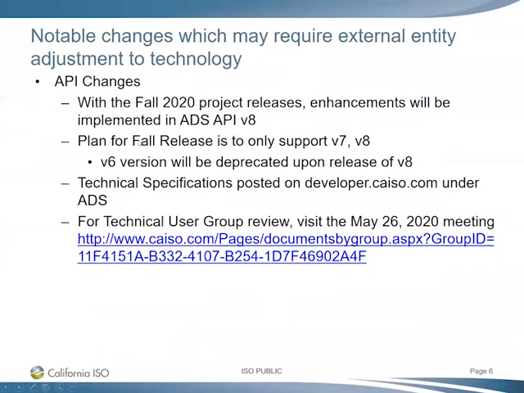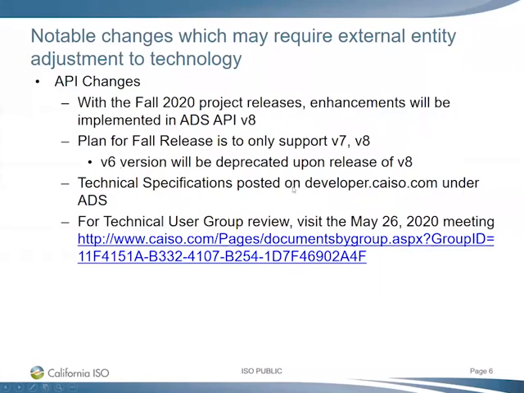Now, the plan for the fall release, once that is live, is to support version 7 and version 8. So if you're using version 6, you'll need to look at moving to version 7 or version 8. Version 6 will be deprecated upon release of the version 8.